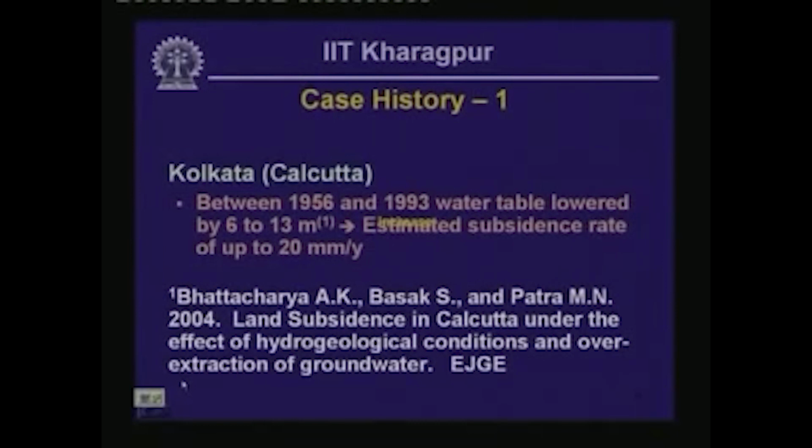One of the case histories that I am going to discuss here is from Calcutta. In the city, it is estimated that between 1956 and 1993, the water table has been lowered by about 6 to 13 meters, and this translates to a subsidence rate of up to about 20 millimeter per year in the northern part of the city.